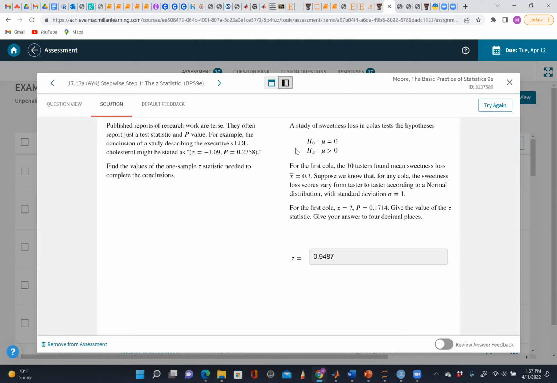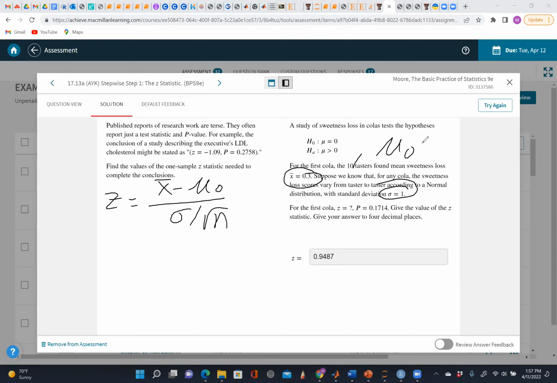So here we have the hypothesis where mu is greater than 0, so this is an upper tail test. And we are given x bar is 0.3, sigma is 1. So we need to calculate the test statistic. This is x bar minus mu 0 over sigma over the square root of n. Here mu 0 is equal to 0.